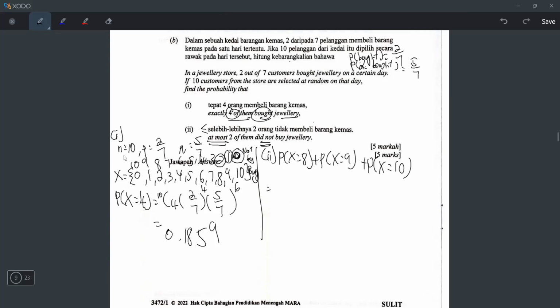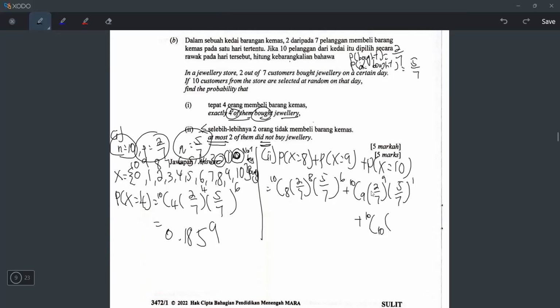And now you will use the nCr p q formula like this, and it will be 10C8, bracket 2 over 7 power 8, 5 over 7 power 6. Okay, plus P(X = 9), which is 10C9, 2 over 7 power 9, 5 over 7 power 1. And then the last one will be 10C10, and then 2 over 7 power 10, 5 over 7 power 0.